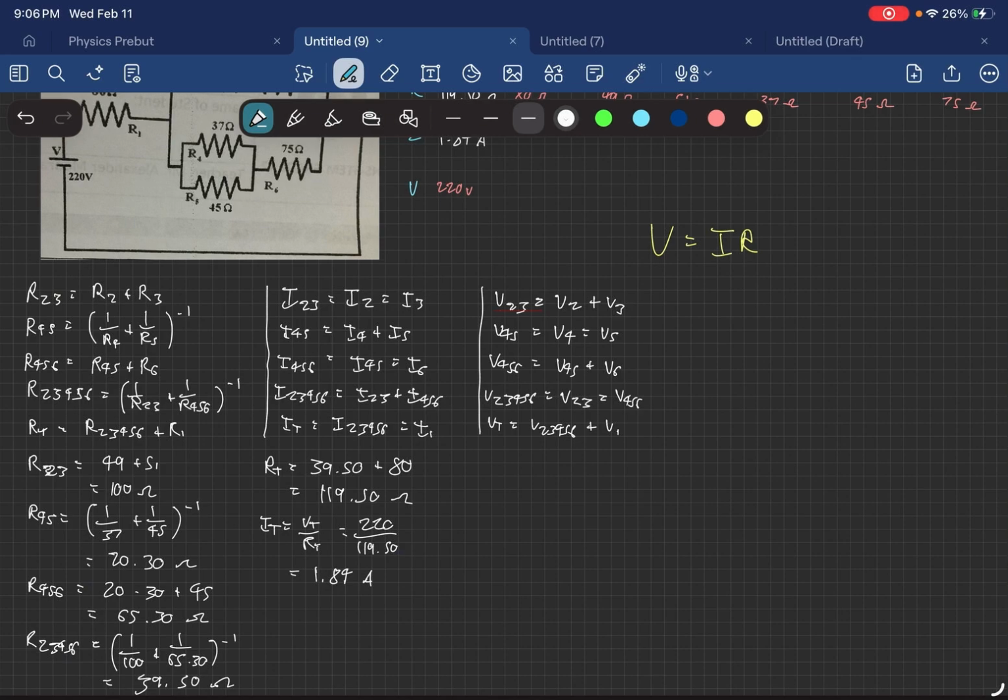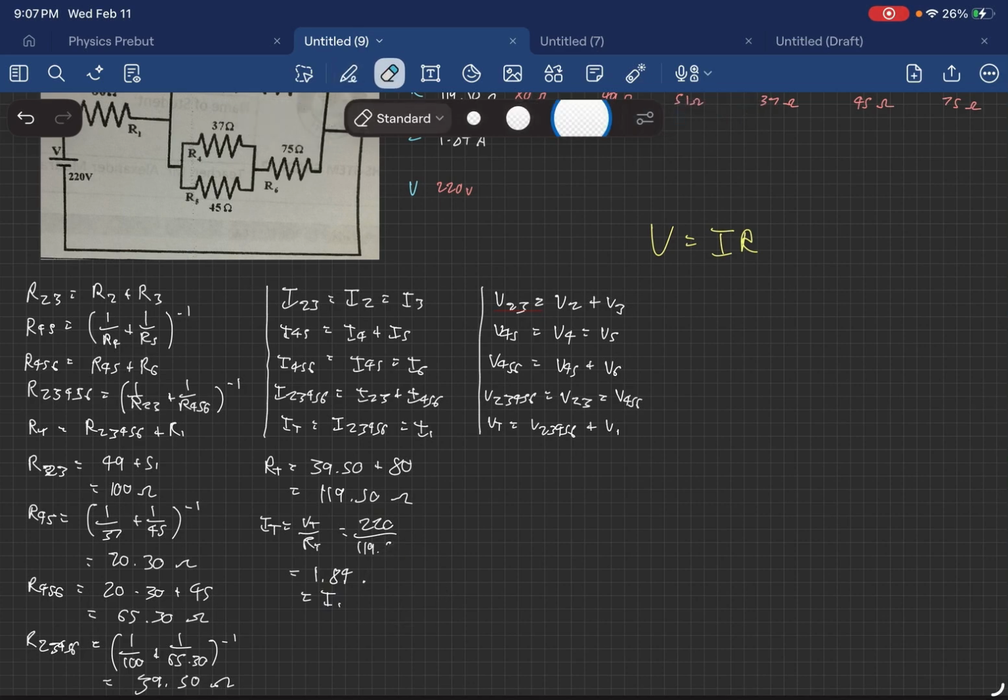So you go from your totals, because that's our column with the complete values. So if you look here, our I total is equal to I1 as well.